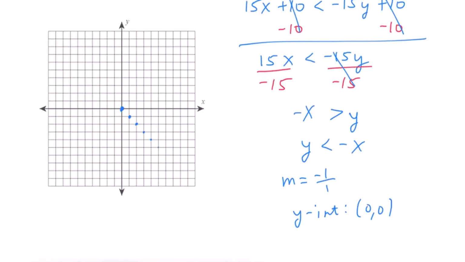Here we have less than, there is no equal sign, so this is a dotted line. Y is less than. If we look at it, y here is at 0, and less than 0 is below. So we want to shade this side here.